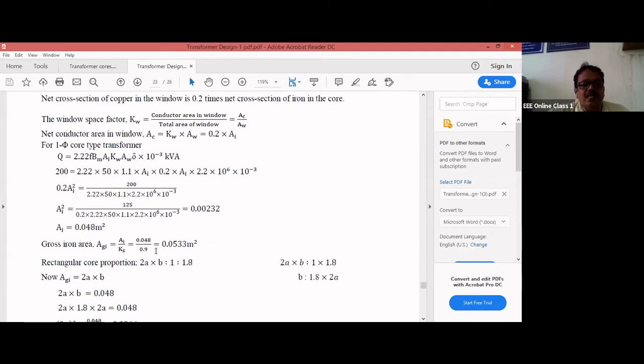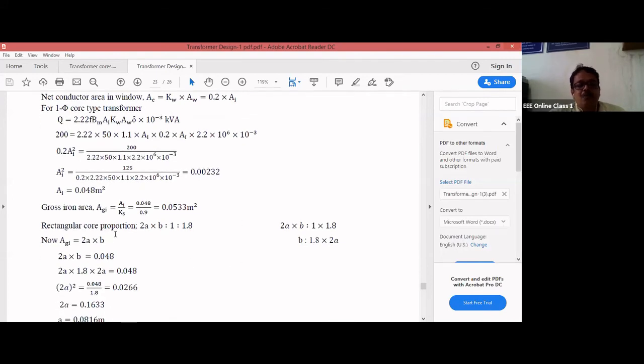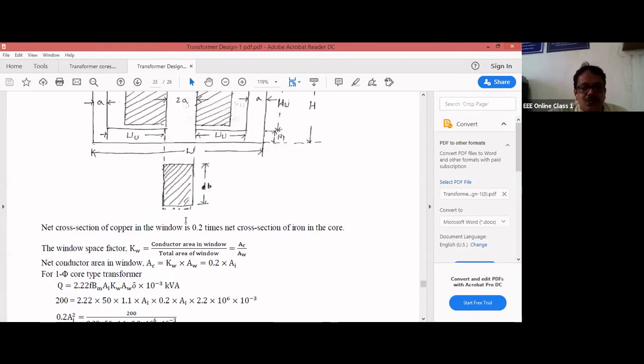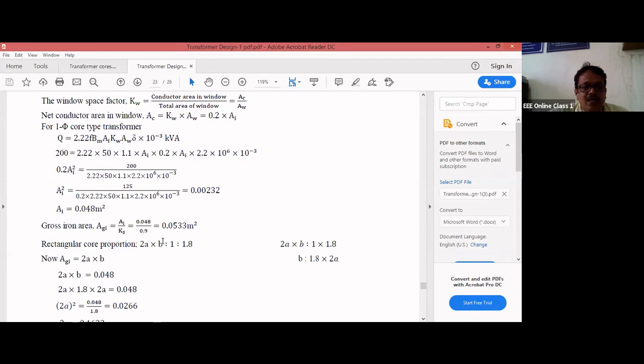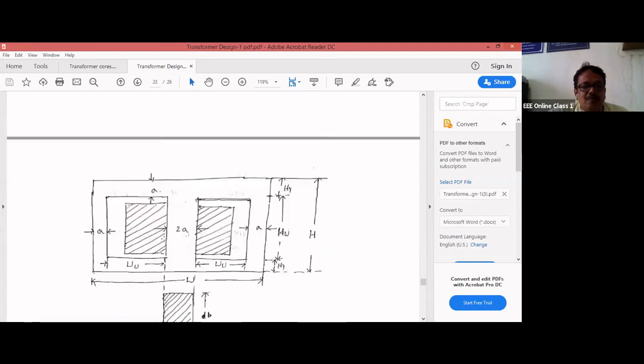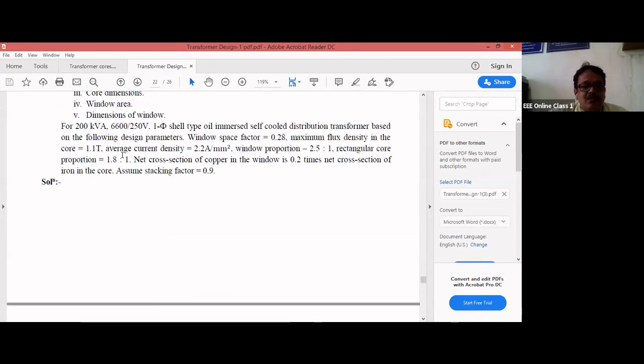So what you got, Agi is about 0.0533 meters square. Now, the rectangular core proportion of a shell type transformer is 2a into b. 2a is the width, and b is the depth. Always they'll give the proportion in terms of 1:1.8, and you should come to know that the depth is more compared to the width of the central limb.